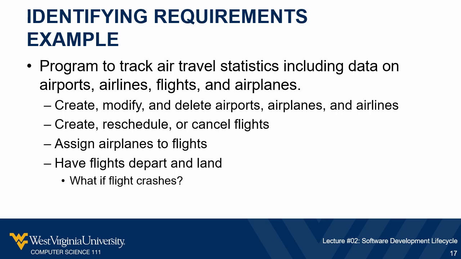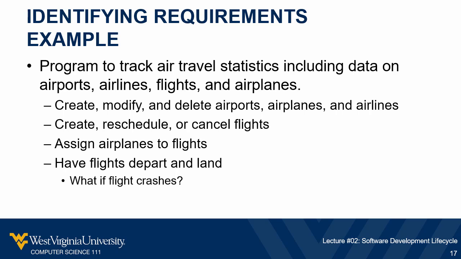We want to be able to create, reschedule, or cancel flights. We need to be able to assign airplanes to the specific flights that they're going to be flying. And we want to have flights depart and land so that we can keep track of their times.